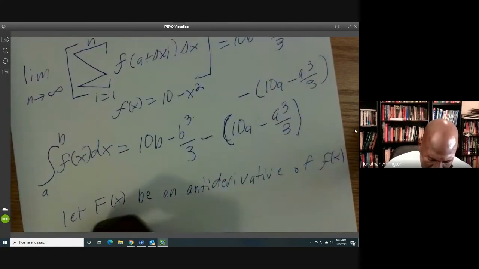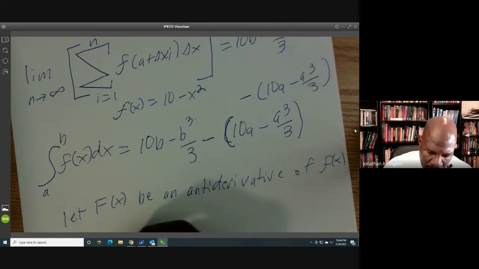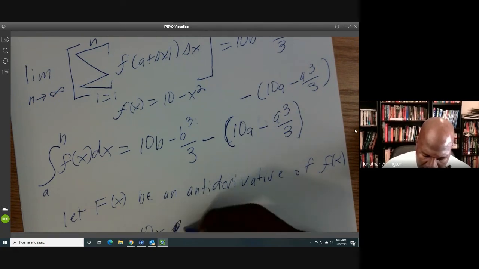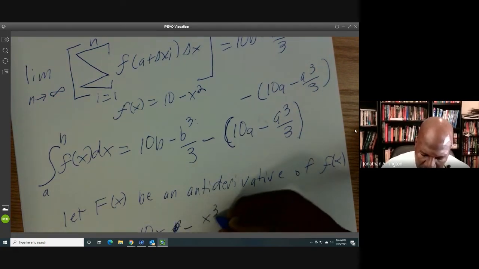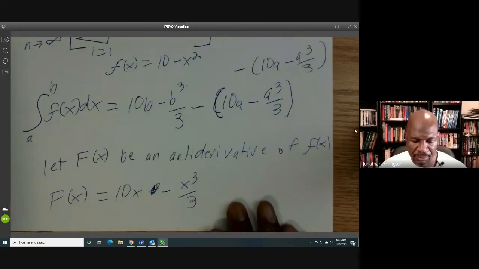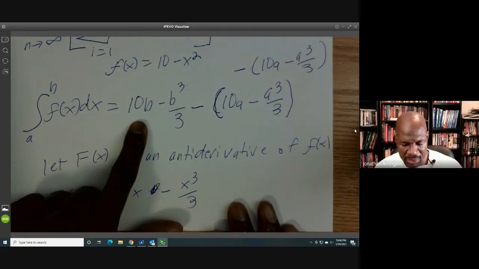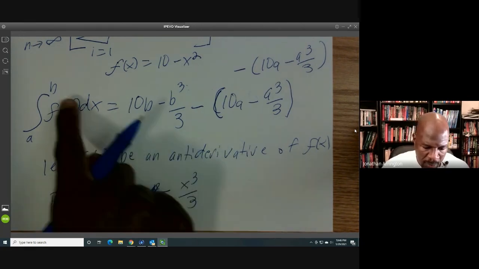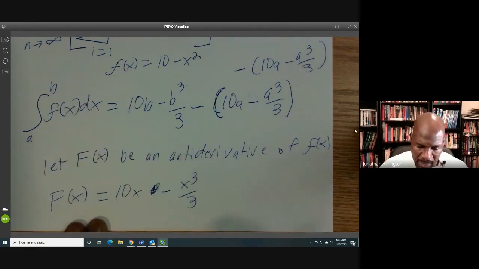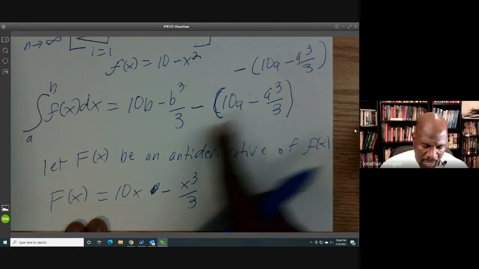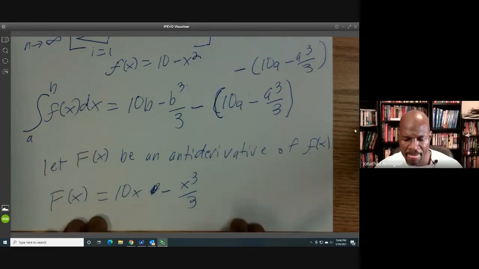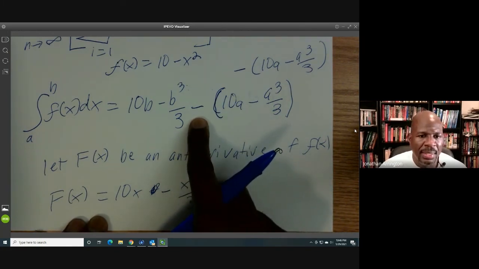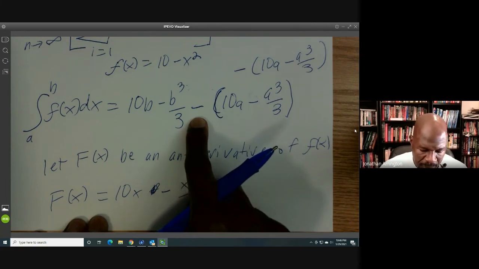So big F would be 10x minus x cubed over 3, right? Well, what is this? This is the antiderivative evaluated at b, and this is the antiderivative evaluated at a, and they're being subtracted. And this is exactly what a definite integral does.